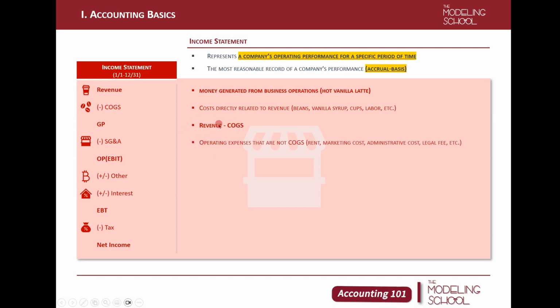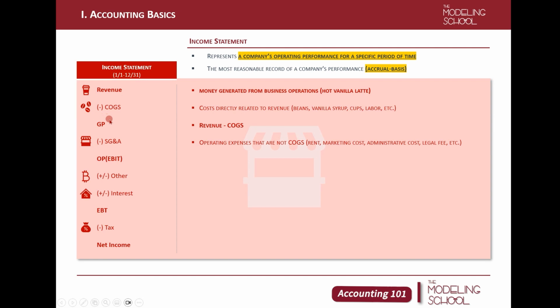Selling, general and administration expenses, by definition, are operating expenses that are not cost of goods sold. These two combined, cost of goods sold and SG&A, are called operating expenses. So whichever expenses are related to your daily operations, whether it's material costs, labor costs, marketing, rent, administration, legal fees, just anything that's related to your operations should be included in either COGS or SG&A.